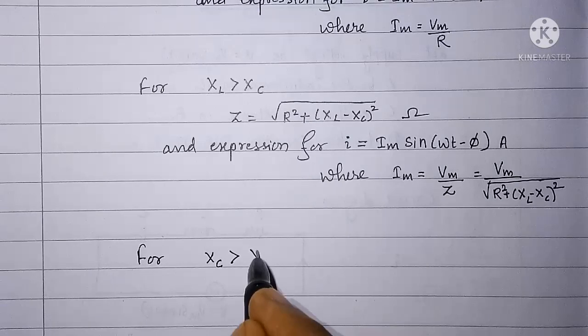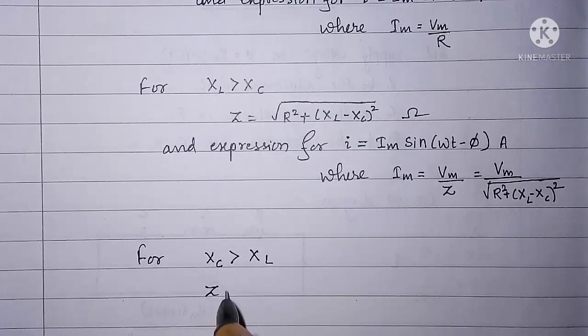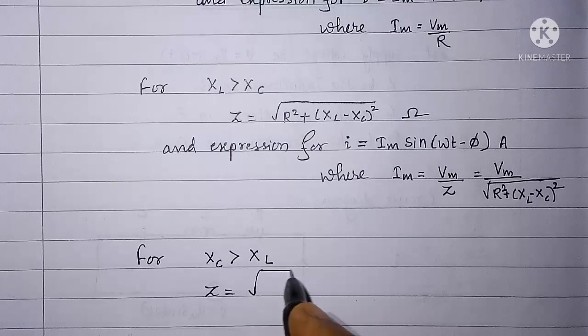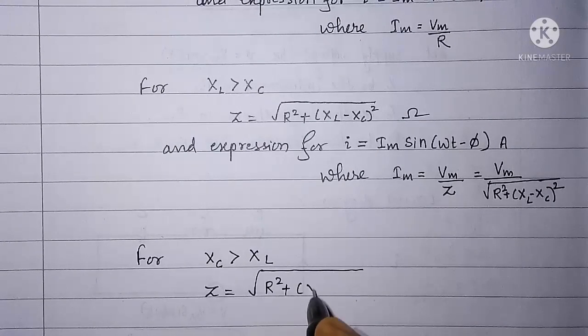For XC greater than XL, Z remains same, that is R square plus XL minus XC whole square ohm.